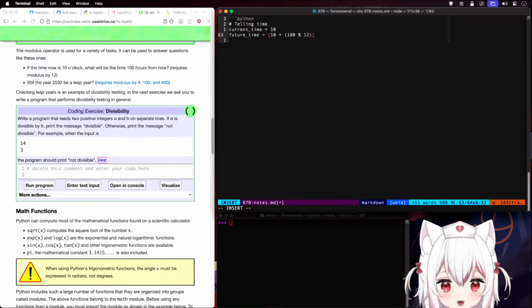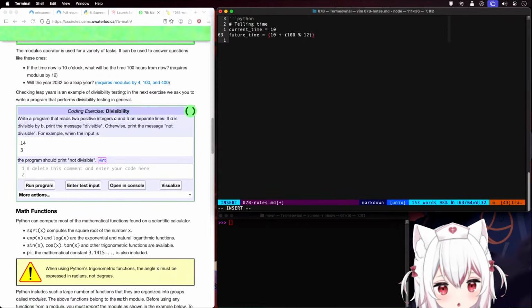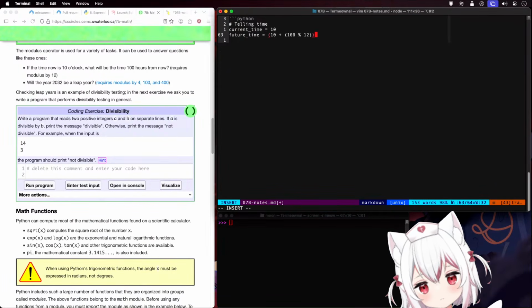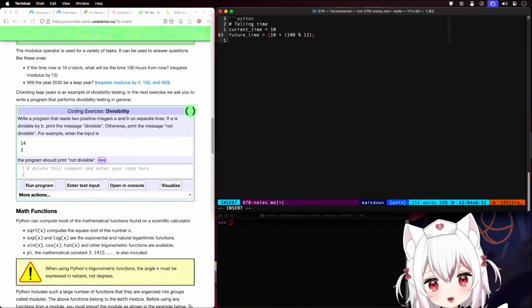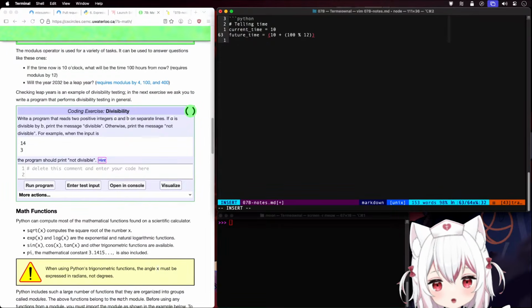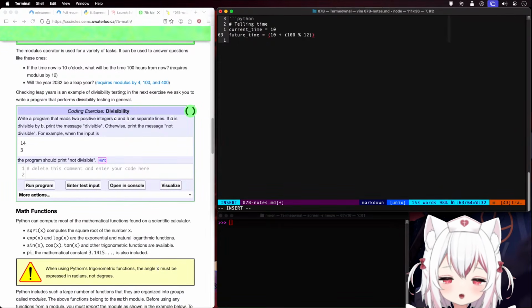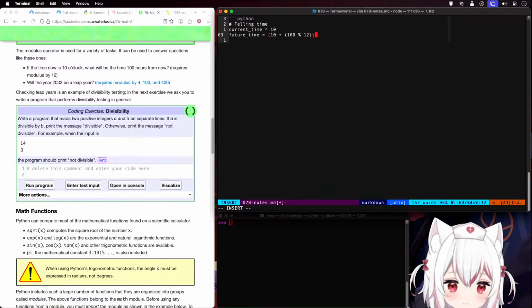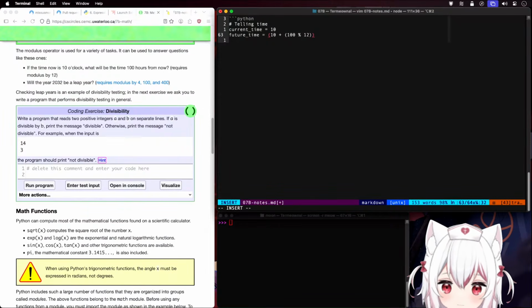Doesn't make a whole lot of sense. An hour from now would be 10 plus 1. 12 hours from 10 o'clock would be... I don't think this is right.